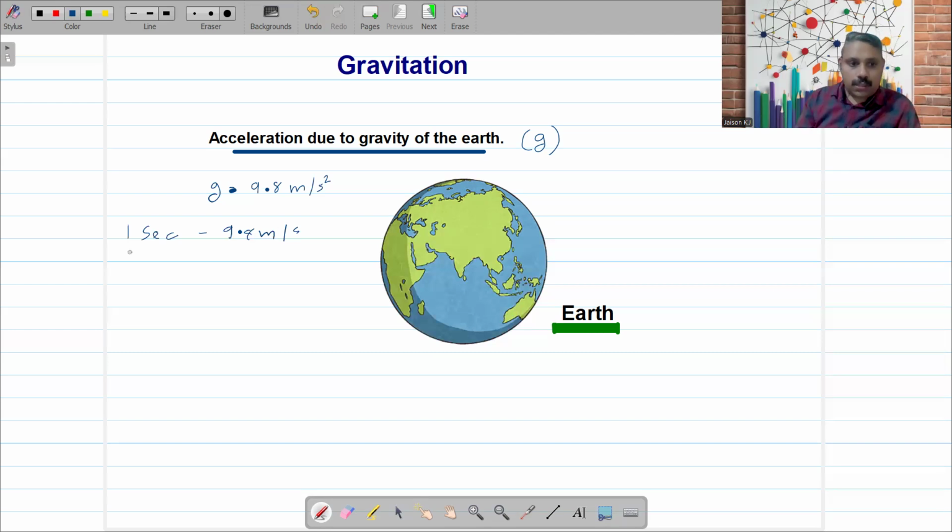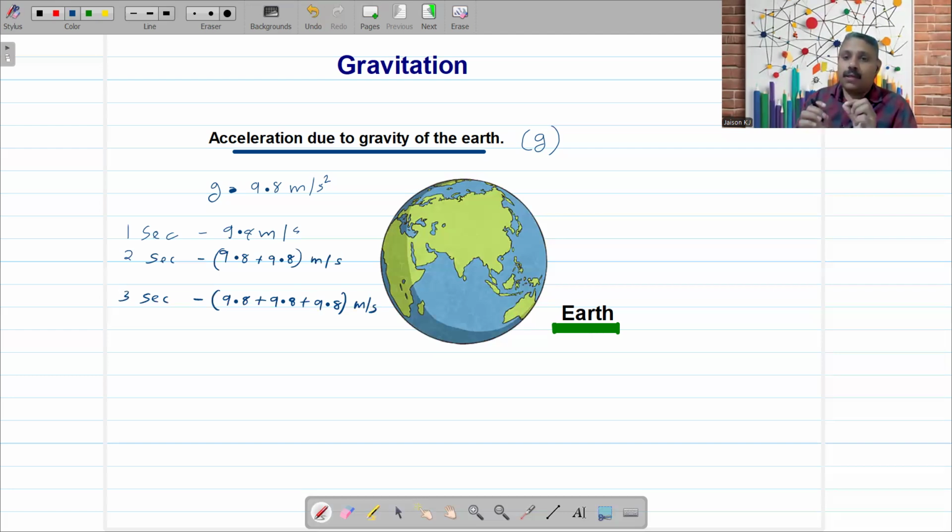Okay. In the second second, what is the velocity? Its velocity is 9.8 plus 9.8 meter per second. And what is the velocity in the third second? In the third second, the velocity is 9.8 plus 9.8 plus 9.8 meter per second. So what does it mean?